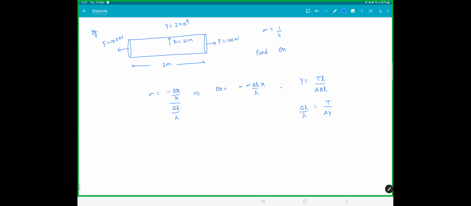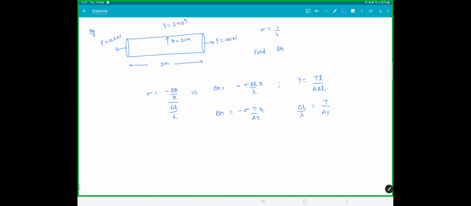Take this and substitute here: minus sigma times tension by AY into R. I know sigma is 1 by 4, tension is 100, I know radius, I know area, I know Y, so I'll get everything. That's it. Numerically, they generally don't ask more than this. They'll give the numbers, you substitute, and you're done. This is a numerical.